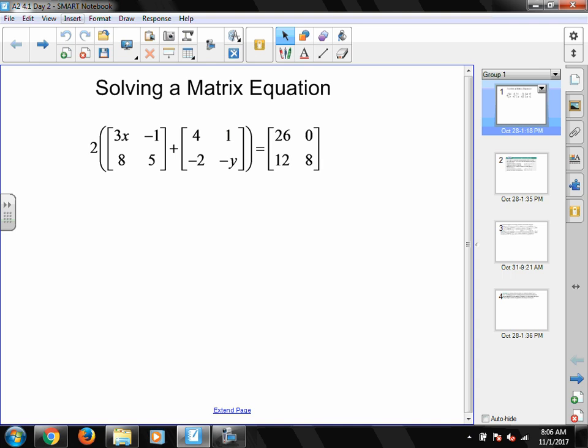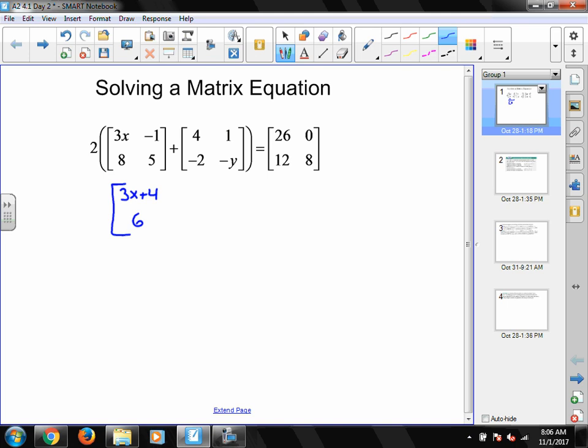Since I have my two matrices inside the parentheses on the left-hand side, that says I need to add those before I multiply by that scalar of 2. So when I add these two matrices, I add my 3x and my 4 to get 3x plus 4. I add my 8 and my negative 2 to get 6.